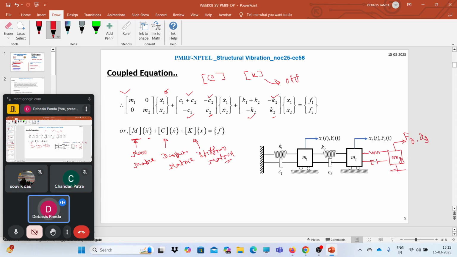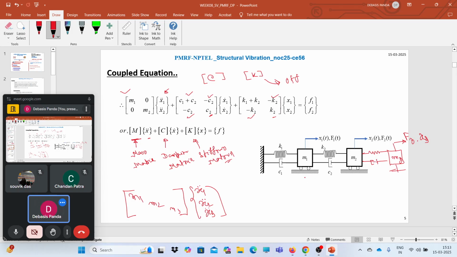Now again, the size of the matrix, the number of elements of the matrix, will increase. Here we will have x1 double dot, x2 double dot, x3 double dot, and we will have m1, m2, m3, and mass matrices are always diagonal matrices, they are not actually coupled.